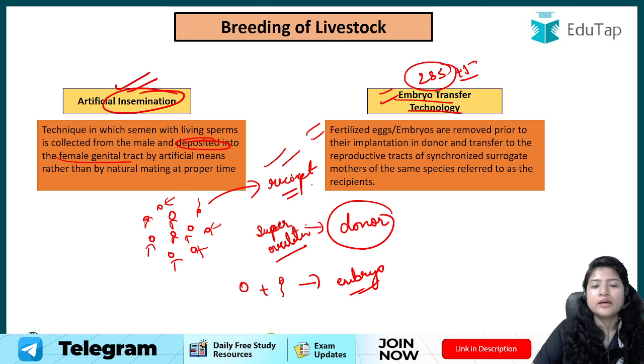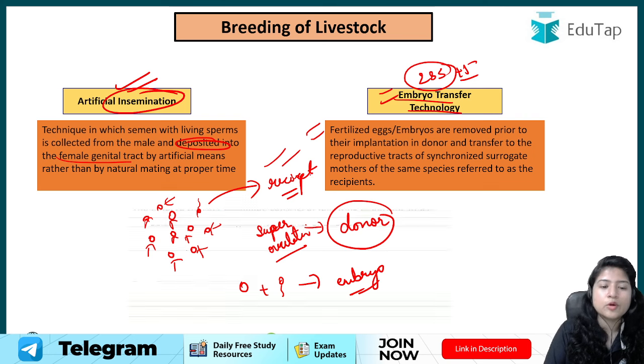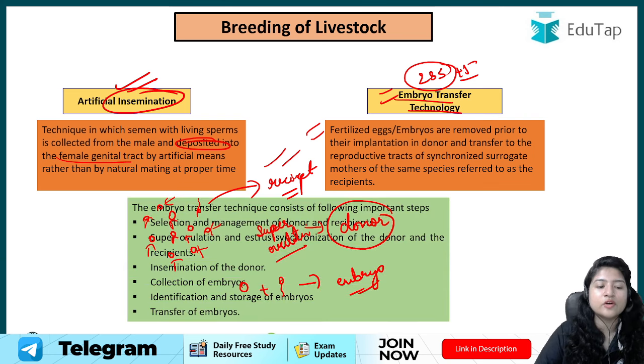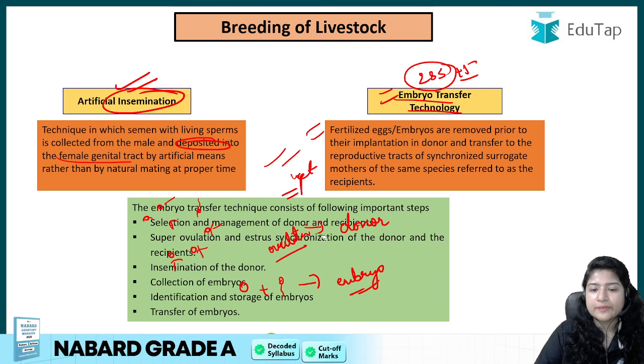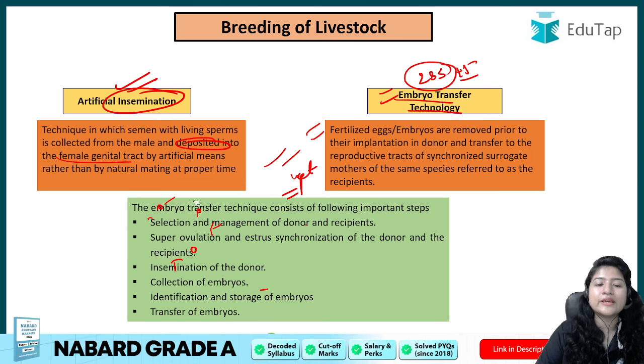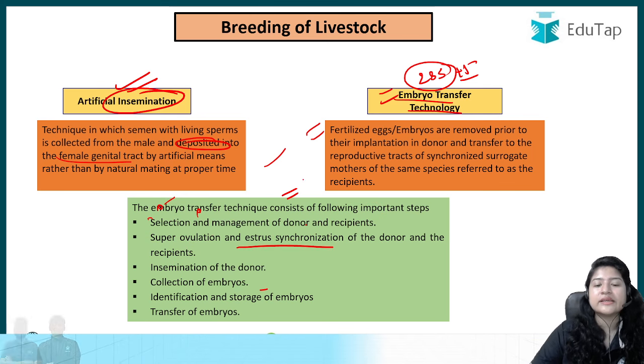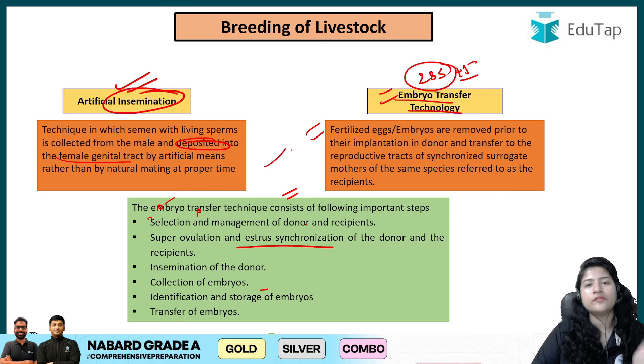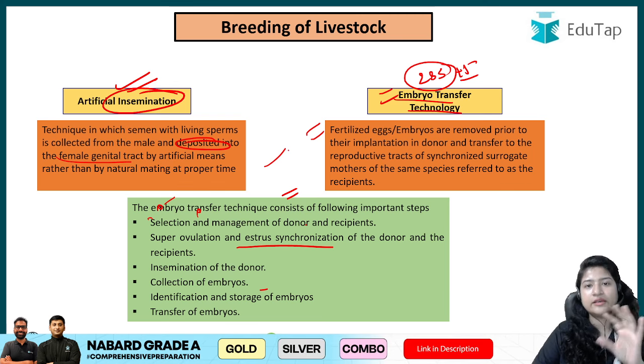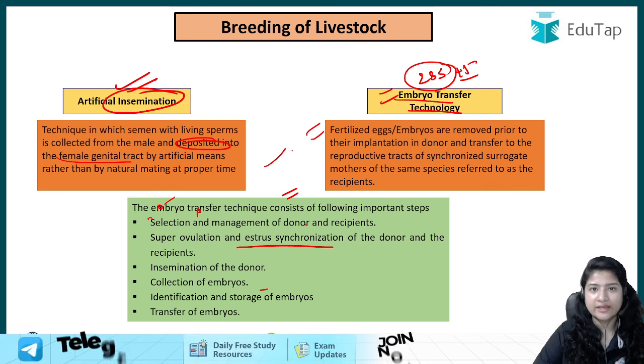Okay. And usually there are proper stages, because first of all we have to select the recipient cows and donor cows, and also the estrus cycle should be in sync. What is this estrus cycle? We know that all female reproductive bodies, like the uterus, go through a particular cycle, right?